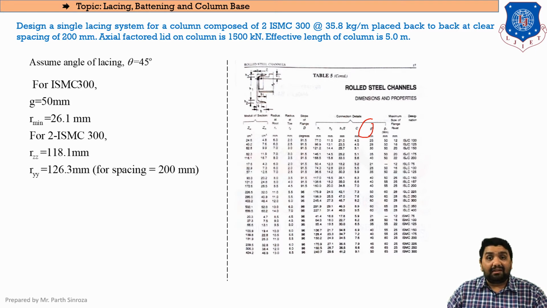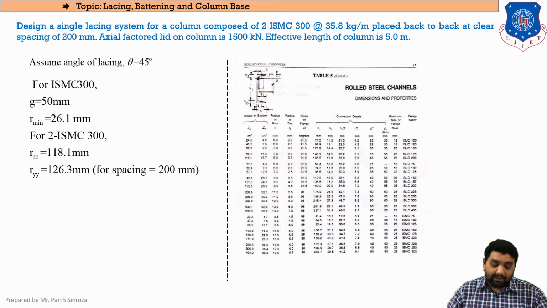But this assumption of 60% of total length is only for angle sections. This is not an angle section, this is a channel section. So for a channel section, the value of gauge is already prescribed, in the form of G star, which you can see in this column. For ISMC 300, the value of gauge is given in the steel table as 50. So these two quantities we will be requiring from our IS table for a single channel section.